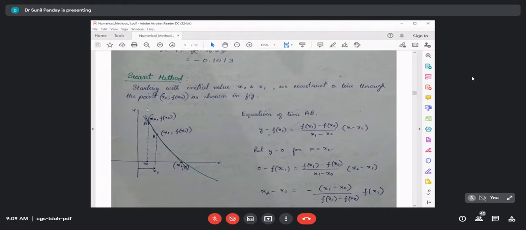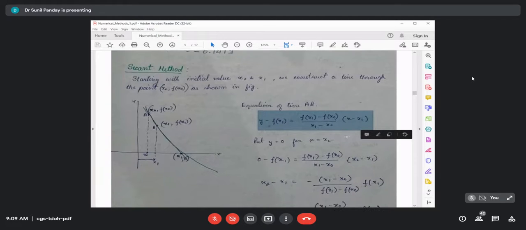So if we have already selected x naught and x1, then we have two points, x naught, f of x naught, and x1, f of x1, and the equation of the line going through these two points is given by y minus f of x1 equals f of x1 minus f of x naught divided by x1 minus x naught, times x minus x1.